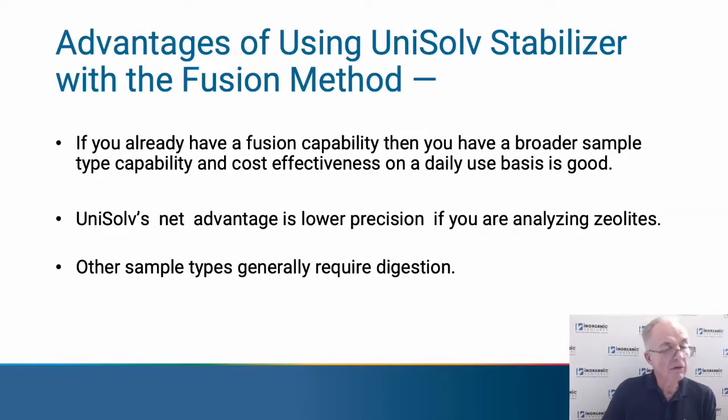Now, if you already had the fusion capability, basically we recommend that you hold on to that capability. The Unisolve's next net advantage is a better precision. And many other sample types may require digestion.